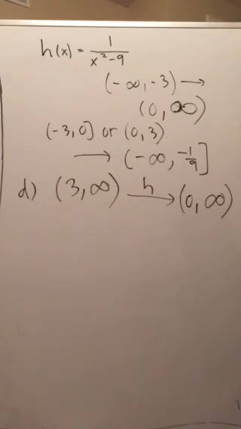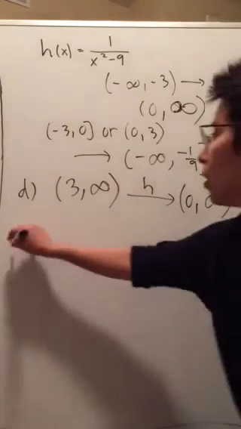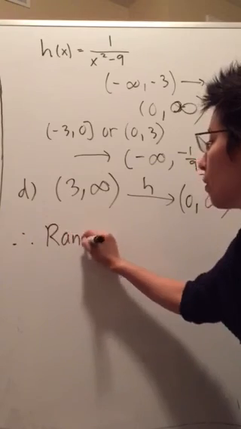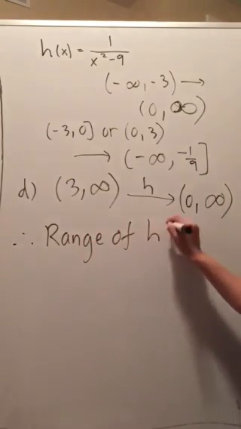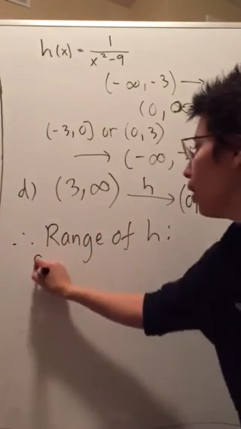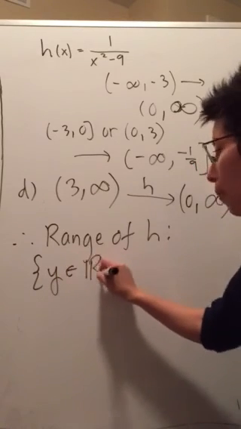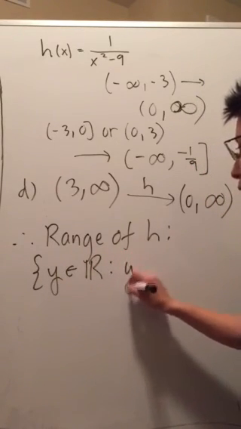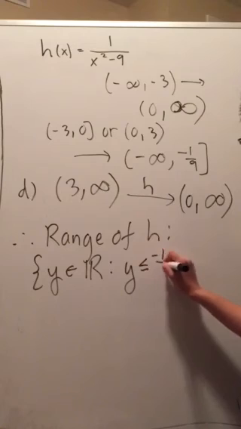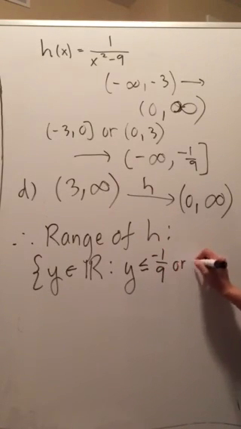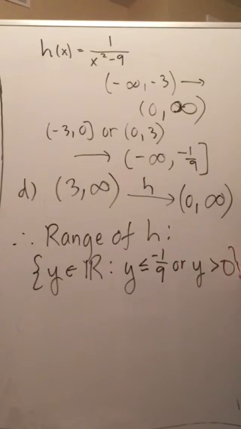What I'll just do is turn my page, and I'll say therefore the range of h will be written below, and it's going to be all real y such that either y is less than or equal to -1/9, or y is strictly greater than 0. And of course you may use intervals to denote that as well.